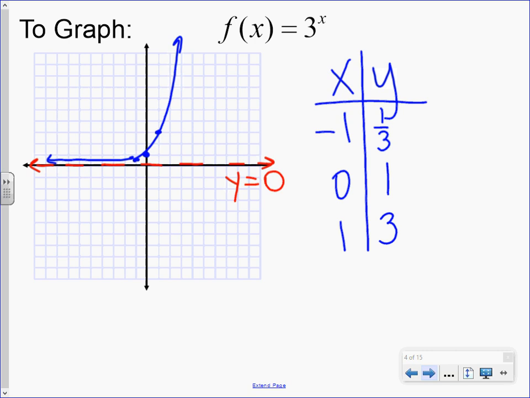Nick? Anything to the 0 power is 1. Okay, but why would we not be able to have any coordinates on or below the x-axis? Great. Because if you're doing anything to any degree, there's still going to be a value that isn't 0.